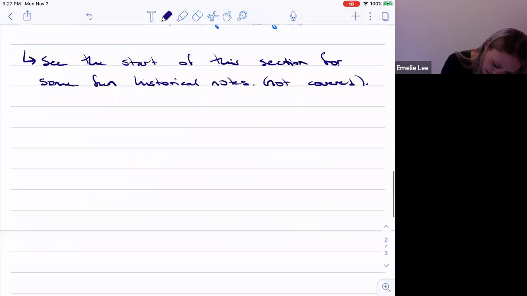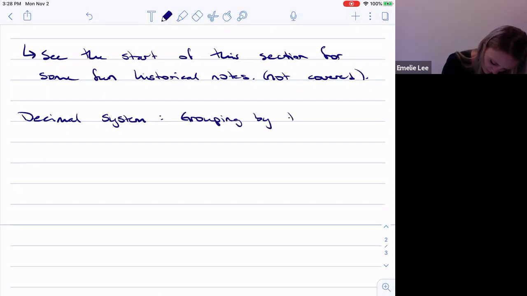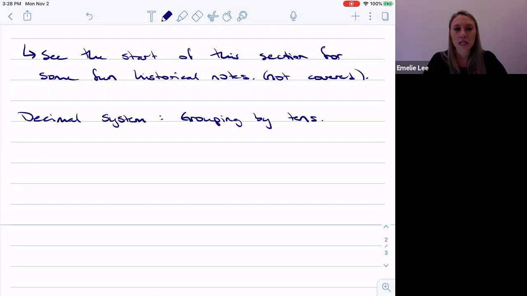So the decimal system is grouping by tens. Grouping by tens. So the idea here is we're going to develop everything from the ground up, grouping by tens.